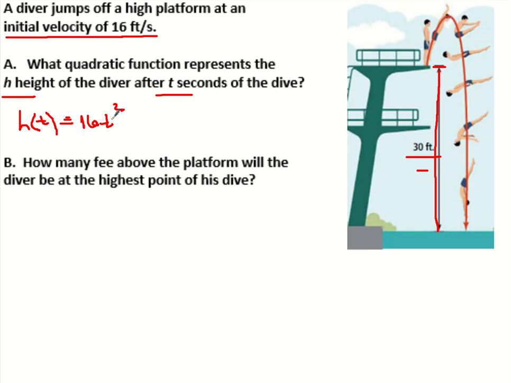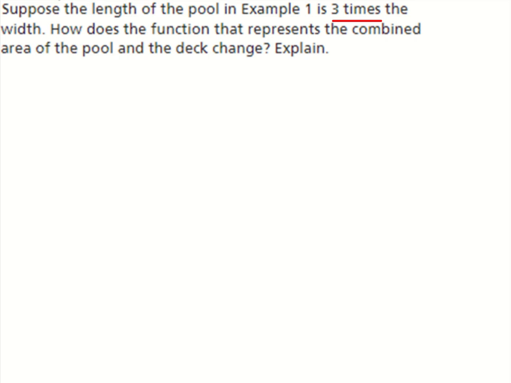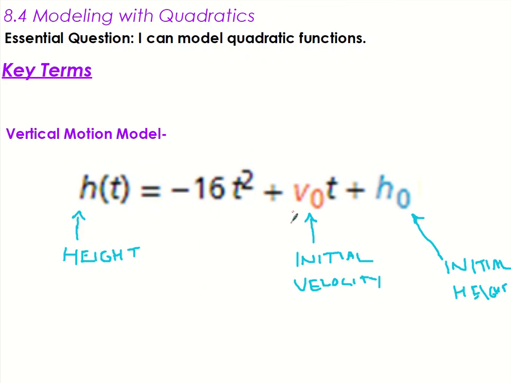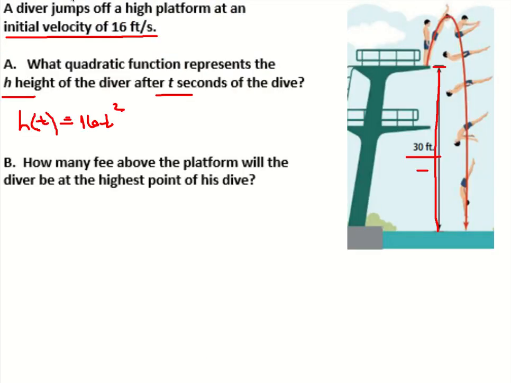Now, if we remember when I pointed out in the original v here, this is our initial velocity. Well, the initial velocity is 16 feet per second. So that's plus 16t. There's my initial velocity. And then the h represents the initial height. Well, the initial height was 30 feet. And that's it. So there's my formula. So this part's always the same. And then you're just plugging in the values for the middle term, the b term, and then the c term.